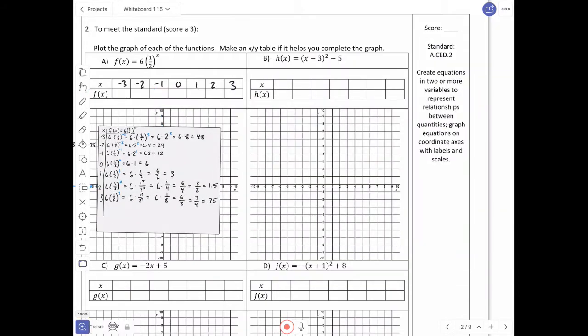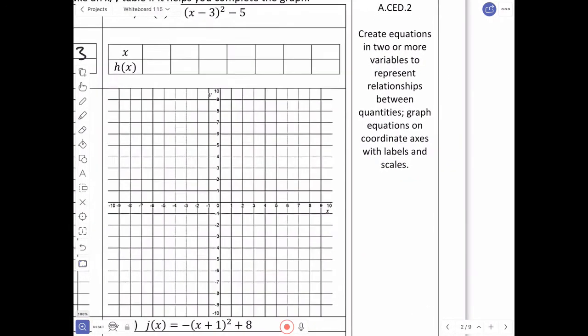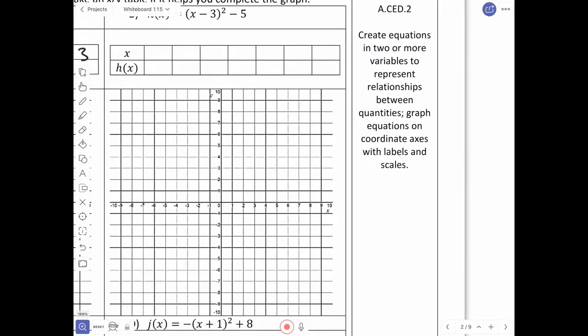Now moving on to part B. And I'm going to go here: 0, 1, 2, 3, 4, 5, 6. I'm doing that because I notice here that I want to find out what's happening when the squared term makes 0. I can see that this in parentheses will be 0 when x is 3.